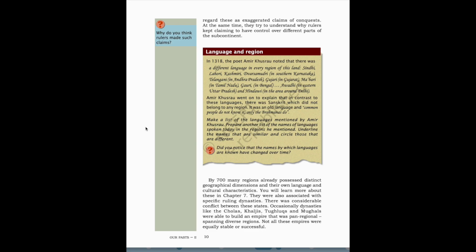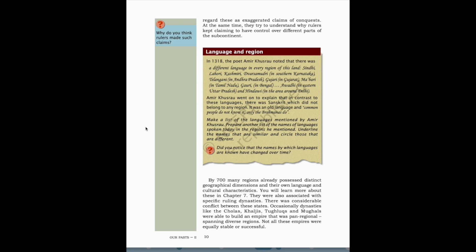Amir Khusro went on to explain that in contrast to these languages, there was Sanskrit, which did not belong to any region. It was an old language, and common people do not know it.